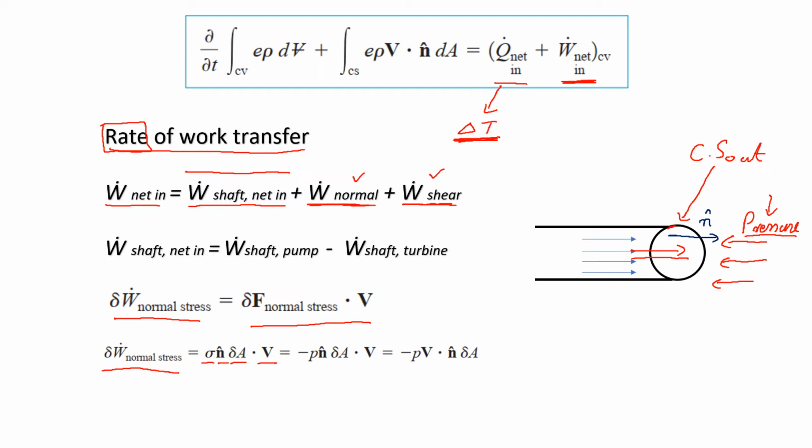So the normal for this area will be drawn like this, and this is a unit vector normal whose magnitude is 1, only showing us the direction of our control surface. This is the stress, because if stress is equal to force per unit area, then force is equal to stress into delta area. So this is how I wrote it.